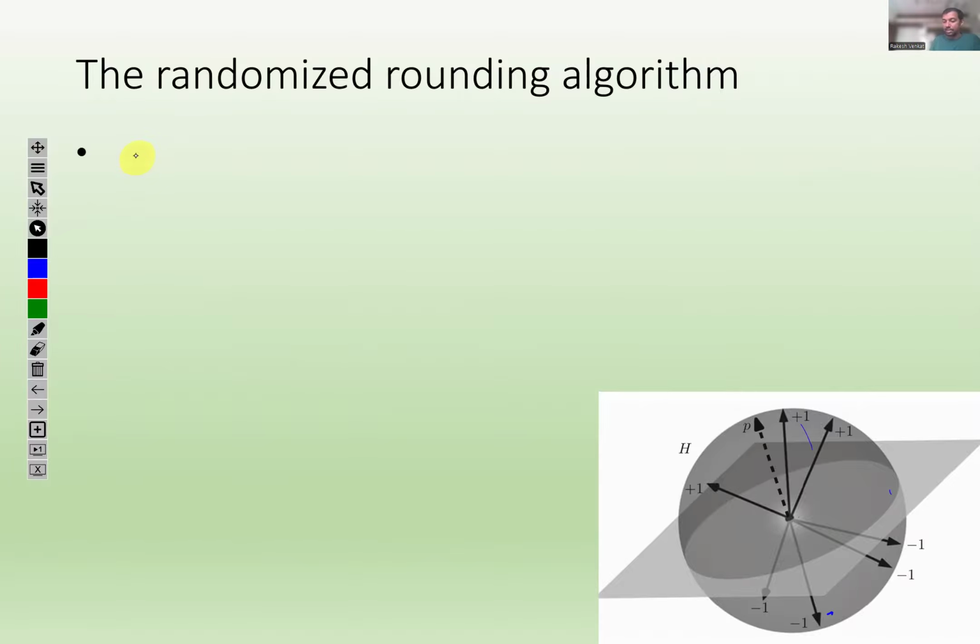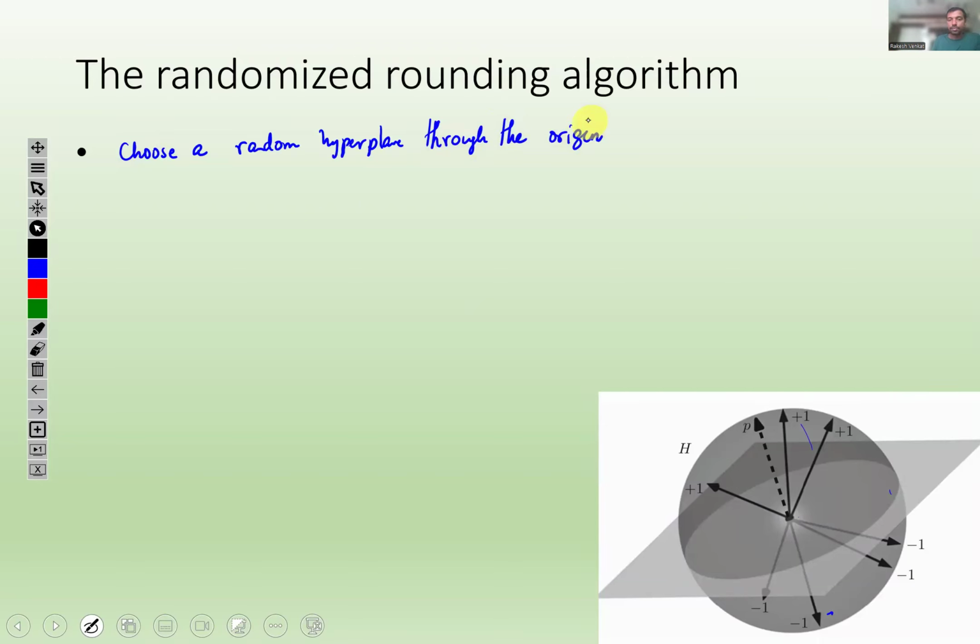How do you describe this? Let me write the informal version first. Choose a random hyperplane through the origin that cuts the sphere.